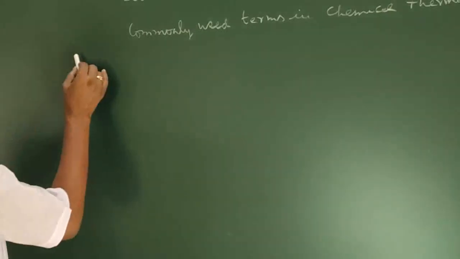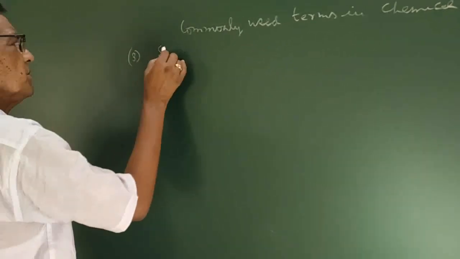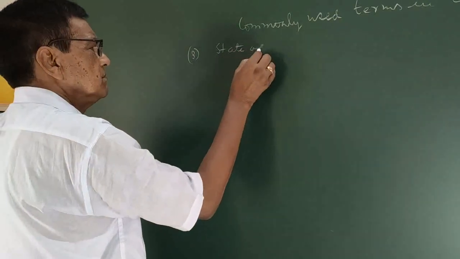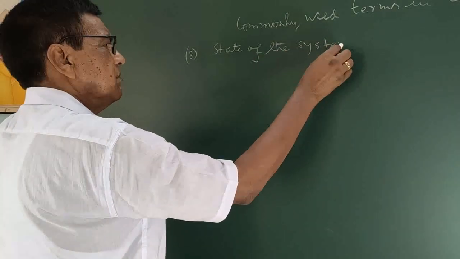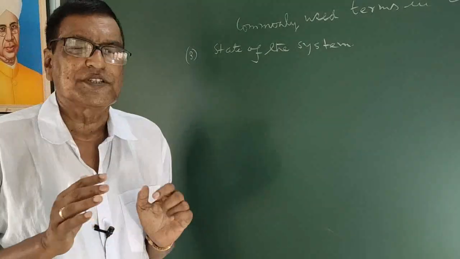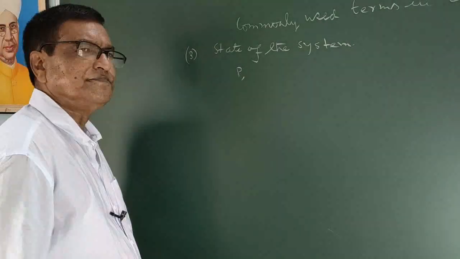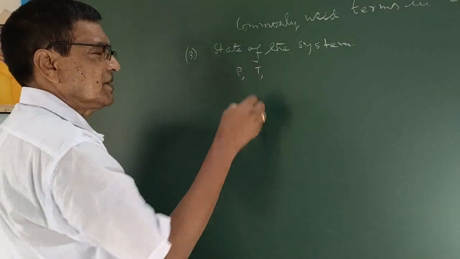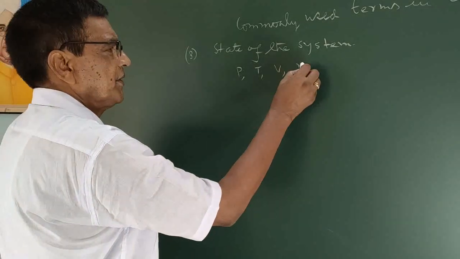The next, third one, is the state of the system. In order to define the state or the condition in which the system is existing, we use the four state variables: pressure, temperature, volume, and the mole number.